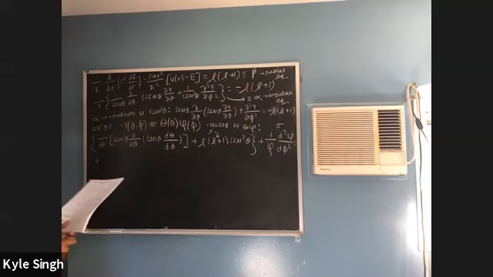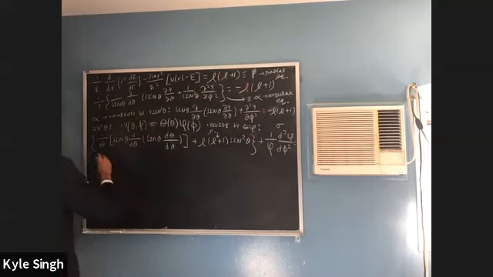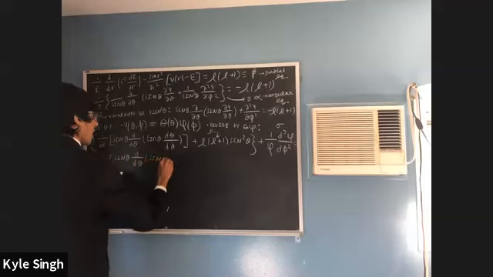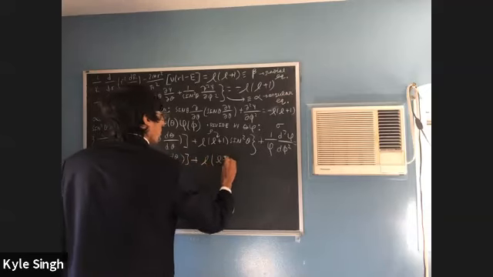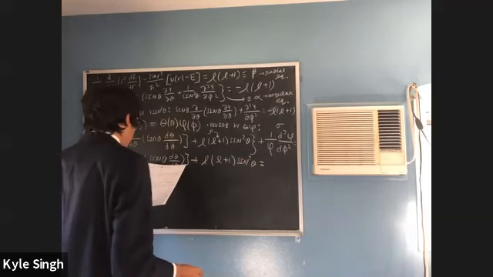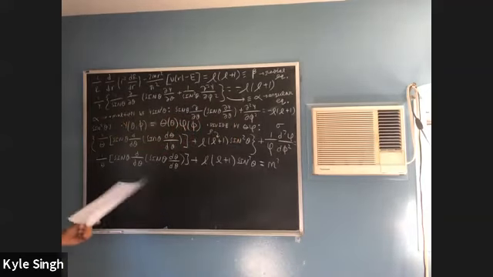Okay, excellent. So now I'm going to do the same thing. Let's separate it. So I have my 1 over sine theta d d theta sine theta d Theta d theta, plus l(l+1) sine squared theta, and I'm going to set this equal to m squared, some mass, which you'll see why.